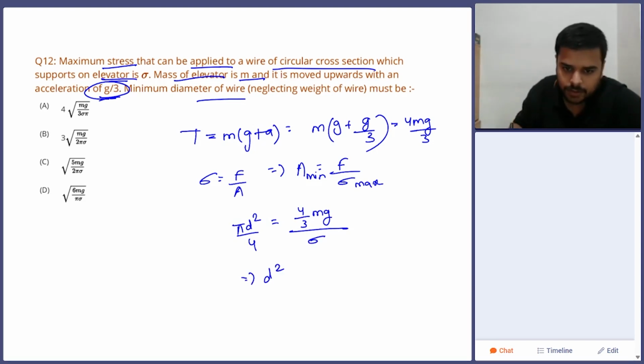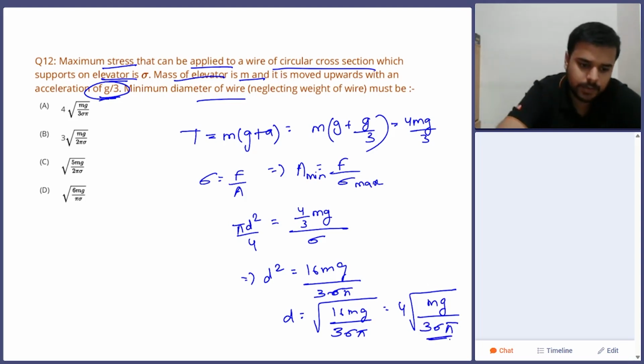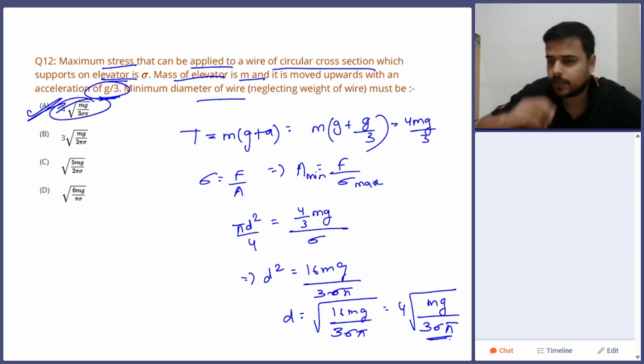So from here, d square is equal to 16 mg by 3 sigma pi. So d will be equal to under root 16 mg upon 3 sigma pi. 16 will come out of the square root, 4 under root mg upon 3 sigma pi. This is your option number A. Okay.